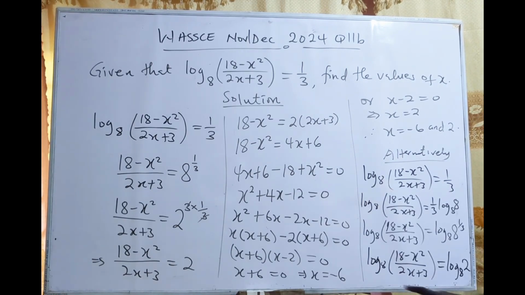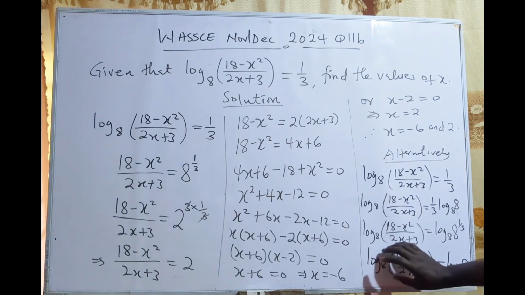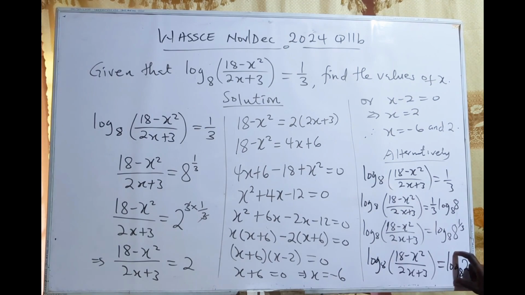With logarithm, if the bases are the same on both sides of the equal sign, then taking antilog of both sides, we can equate this to this. So we can equate 18 minus s squared and 2s plus 3 to 2, because they have the same base. Here is a single logarithm, and here is also a single logarithm.